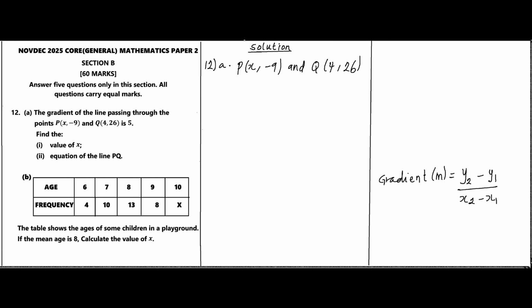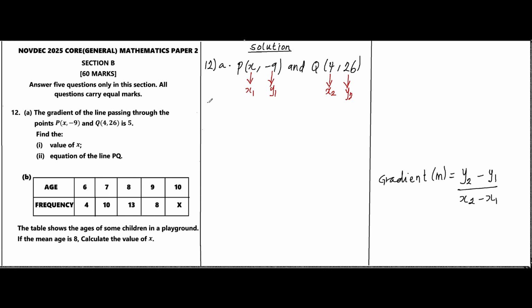So we need to identify our x1, y1 as well as x2, y2. So this is our x1, this is our y1, we have our x2, and we have our y2. So the rest is substitution.